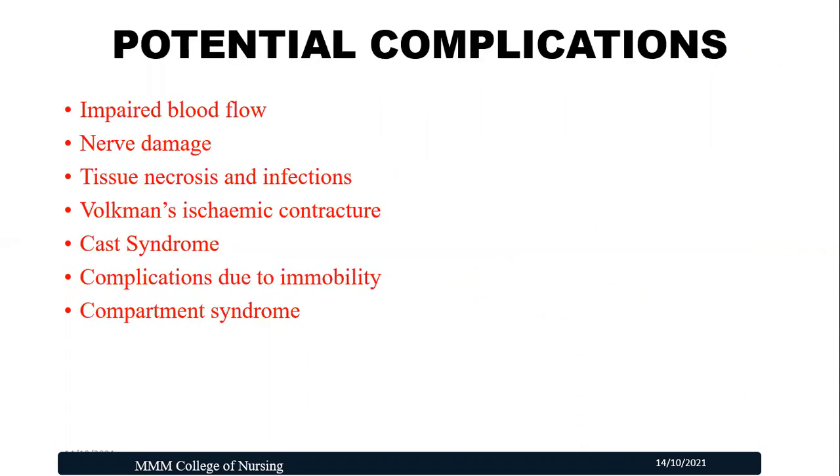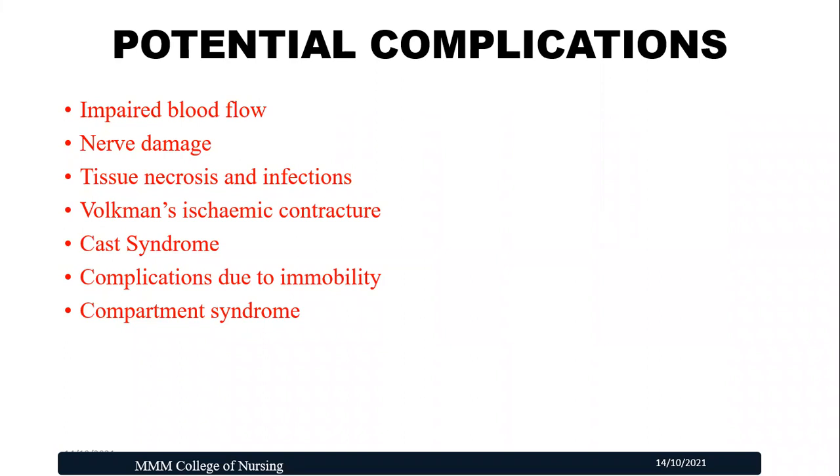There are certain potential complications that are expected or need to be monitored when the patient is wearing the plaster of Paris. When the cast is applied too tightly, or if there is any swelling which is constricting the body part, then the patient may develop impaired blood flow, nerve damage, or tissue necrosis.